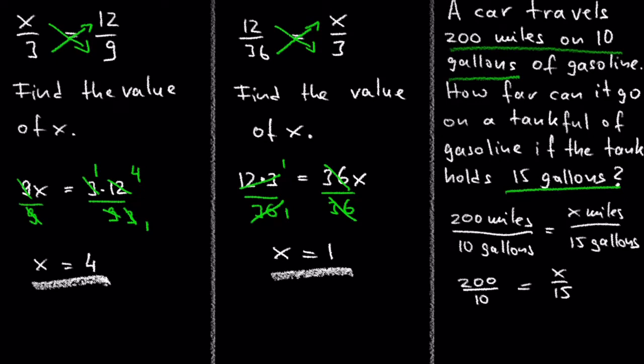And with cross multiplication, we get 200 times 15 equals 10x. And after dividing by 10 on both sides, we get x equals 300. So the answer is it can go 300 miles on a tank full of 15 gallons of gasoline.